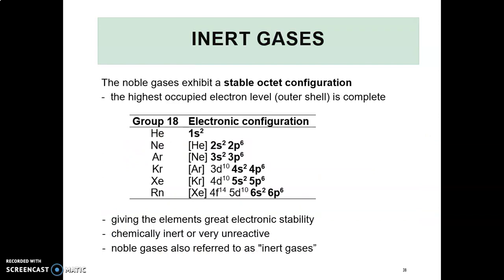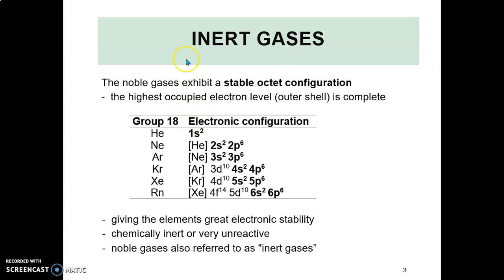The noble gases exhibit a stable octet configuration where the highest occupied electron level is complete. For example, helium has a full outer shell of 2 electrons. The other noble gases also have a full outer shell of electrons.